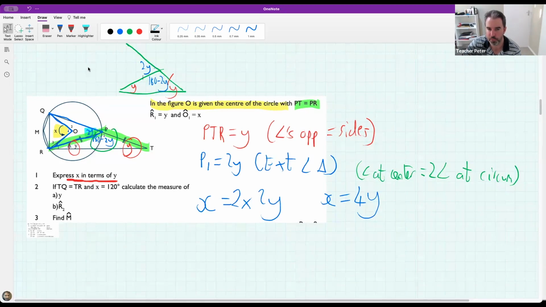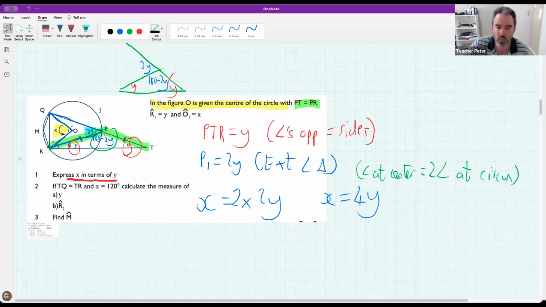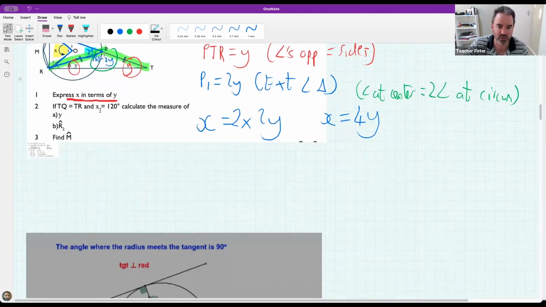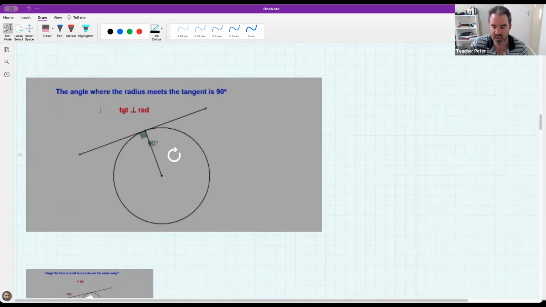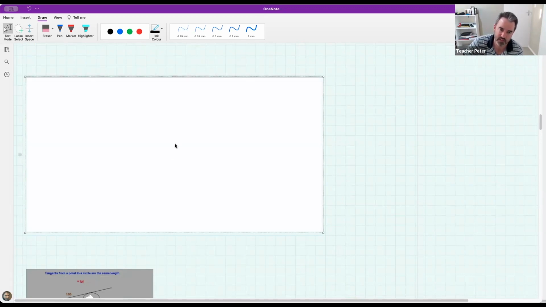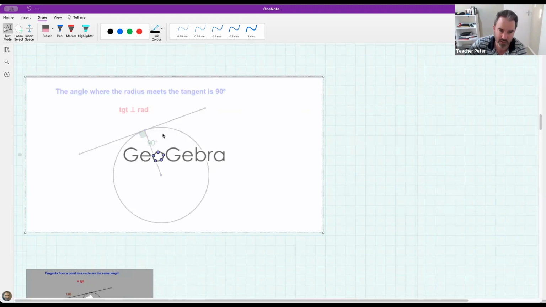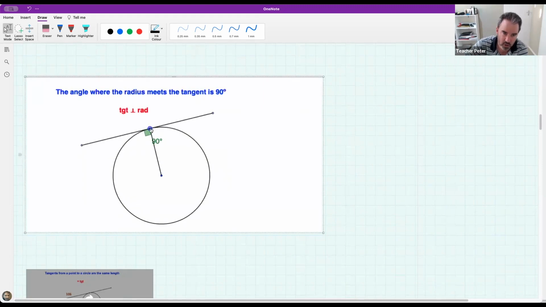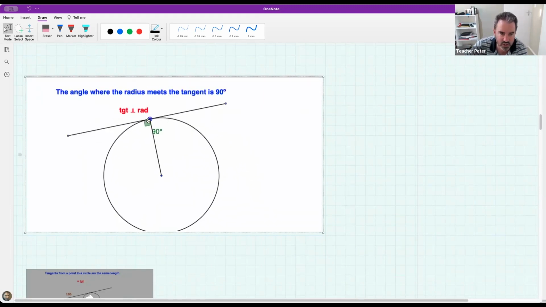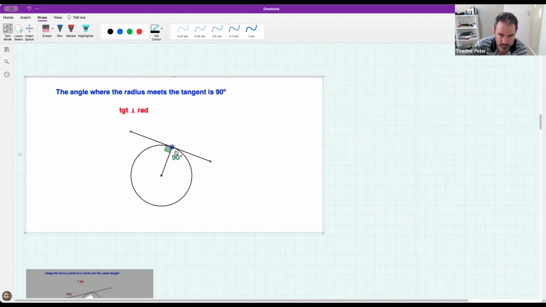I will put more practice questions like this in the Google Classroom for you to practice, but just before the break, I do want to give you a little introduction to the theorems about tangents for tonight. So the very first theorem, the tangent radius theorem that you need to be aware of, look at this as I move the tangent around the circle.